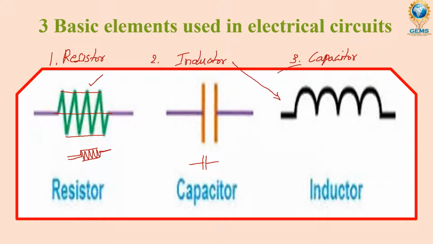This is inductor, and this is the capacitor. Next one is inductor. You can see this. This is the inductor. You can draw the symbol like this also. In some they will write like this. The shape will be different, but the representation is that it is a coil. So these are the basic three elements of electrical circuits. Now we'll see ahead.